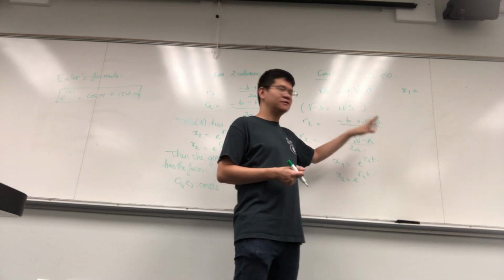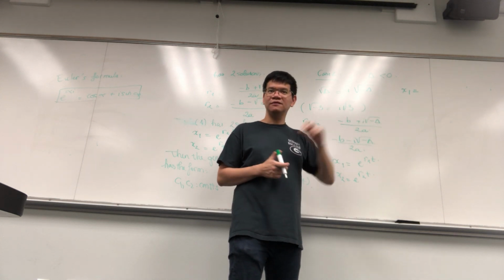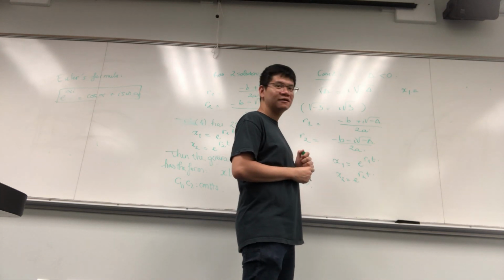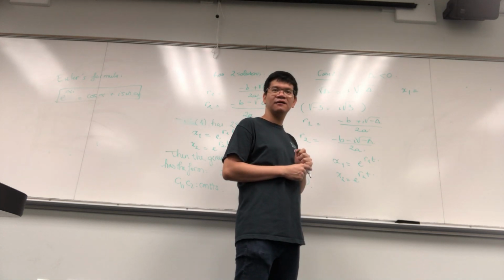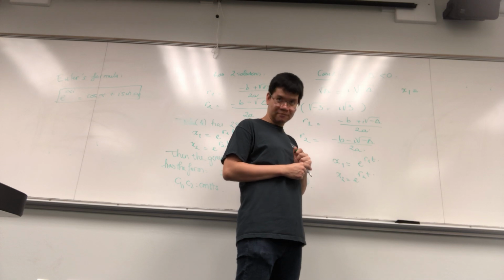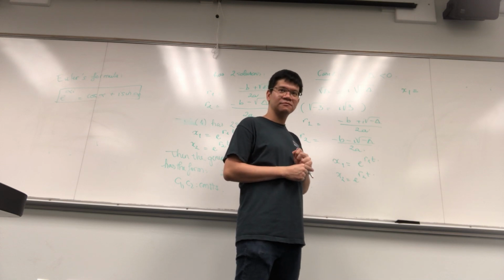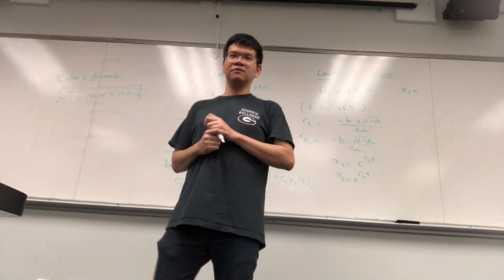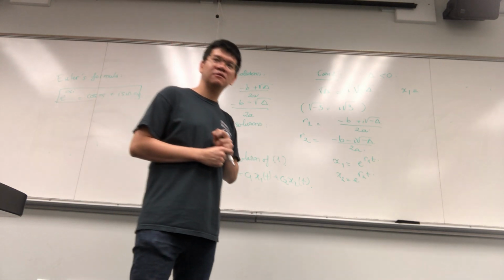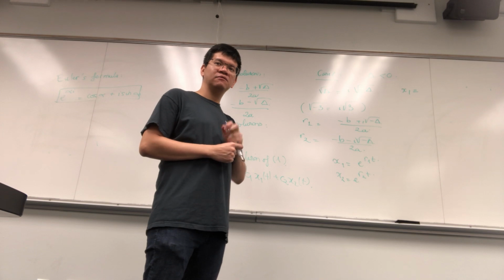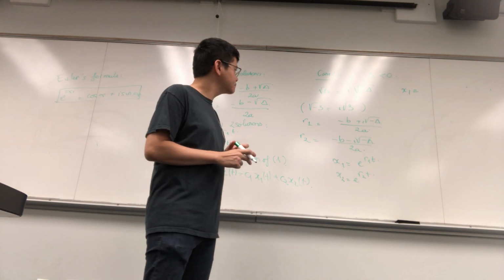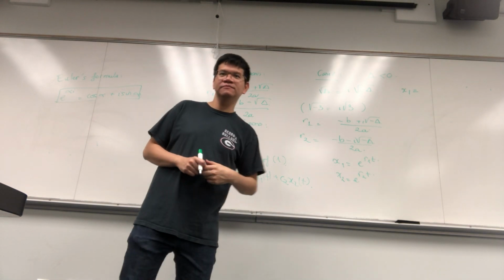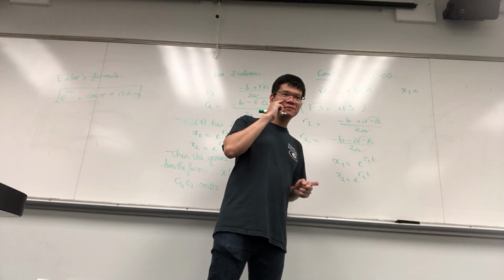So it would be e to the negative b over 2a times t, then cosine of t times the square root of negative delta over 2a plus i times the sine of t times the square root of negative delta over 2a.